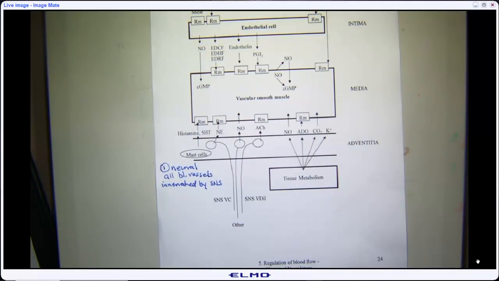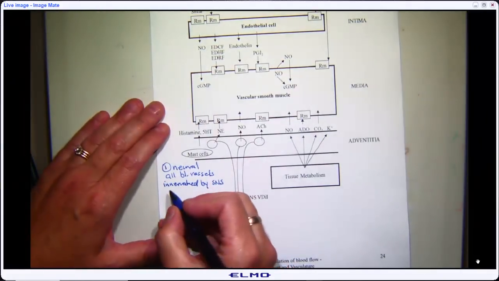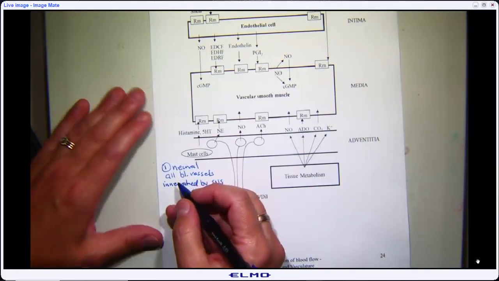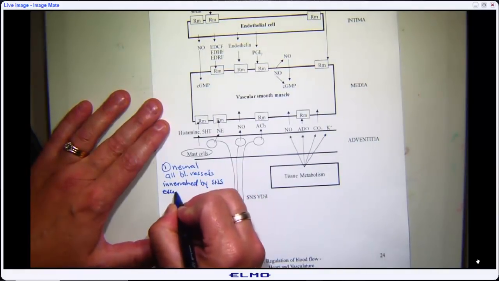Right, so that makes a lot of sense because there's no smooth muscle at the capillaries, so there's really no need to innervate them. We can't control their diameter, so there's no need to have a wire or a nerve laid in there.